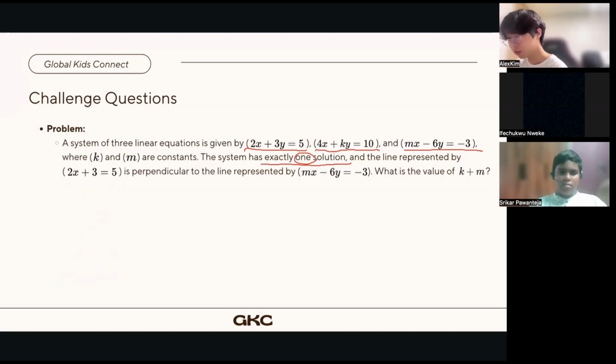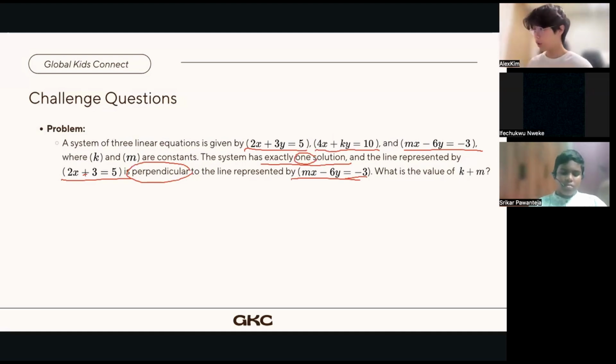So the first thing we have to do is, actually, before we move on, there's more information. The line represented by this equation is perpendicular to the line represented by this equation. So this means that these two equations are perpendicular.